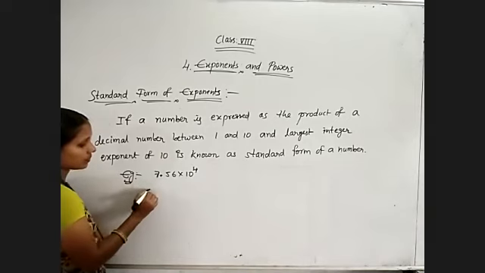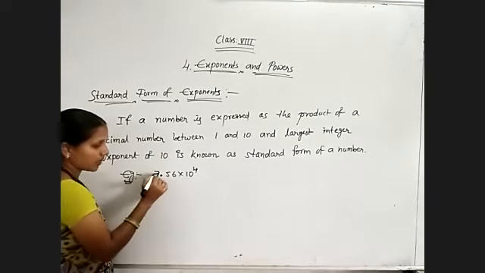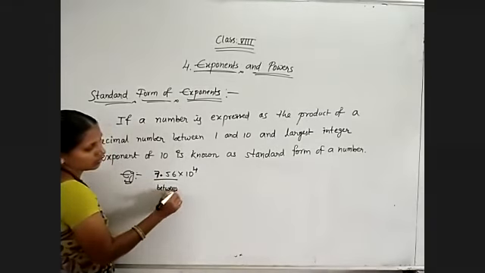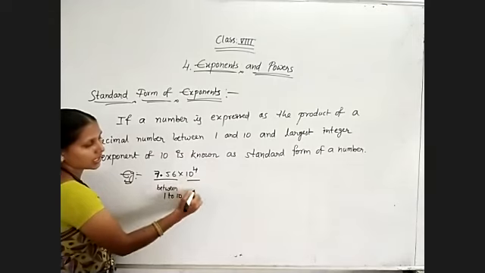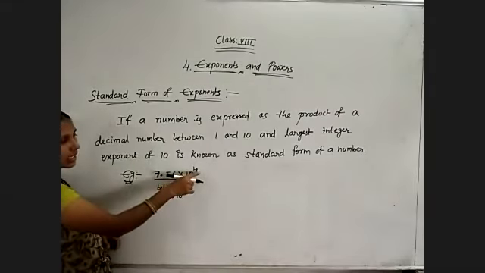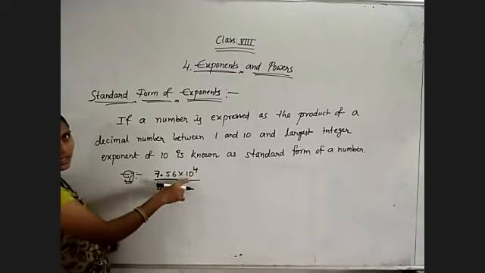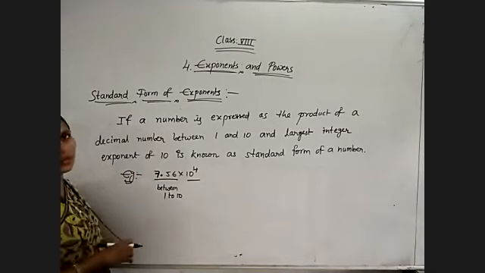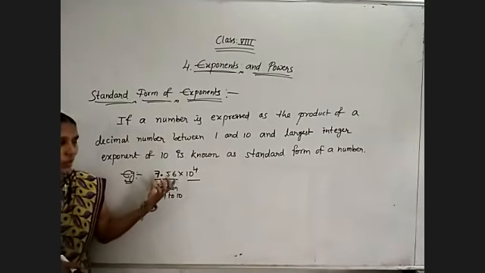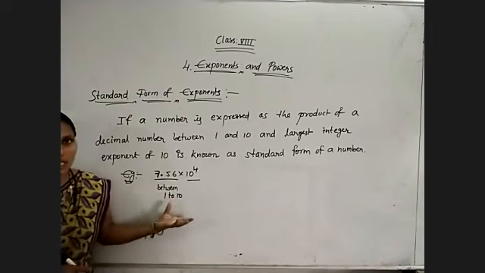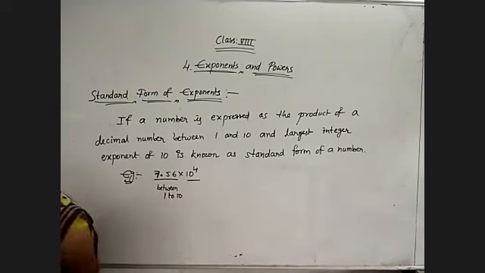Here 7.56 is a decimal number between 1 to 10 and 10 power 4 is the integer exponent of 10. Integer 4 is the exponent of 10. So the product of these two numbers is known as scientific notation. Exponential form we are using, scientific notation as the standard form of the exponent. That's all.